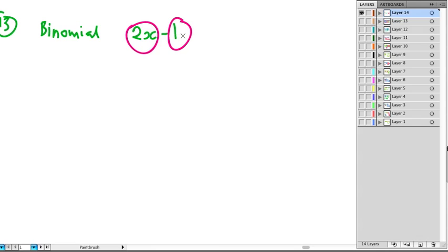So a binomial is two terms. We cannot say that 2x plus x is truly a binomial because these are like terms. This should be written as 3x. And 3x on its own is what we call a monomial.